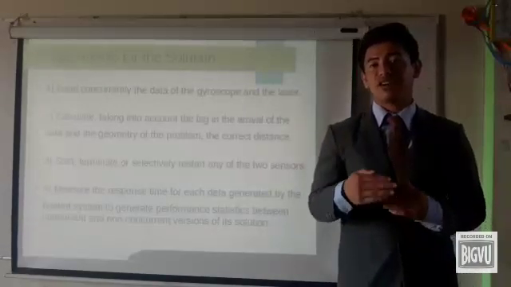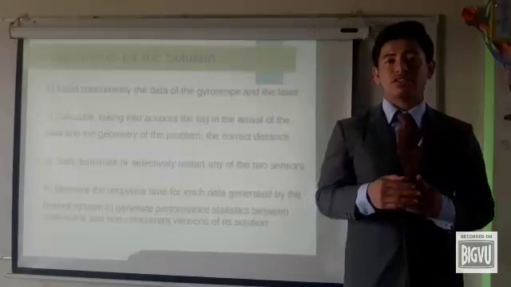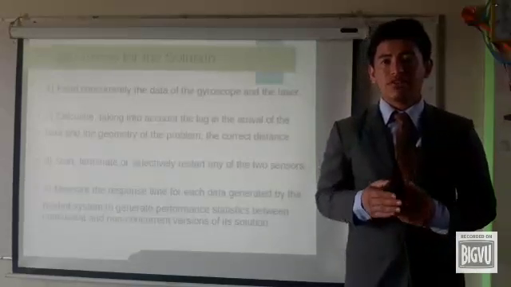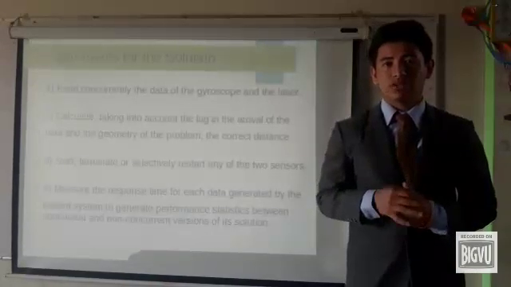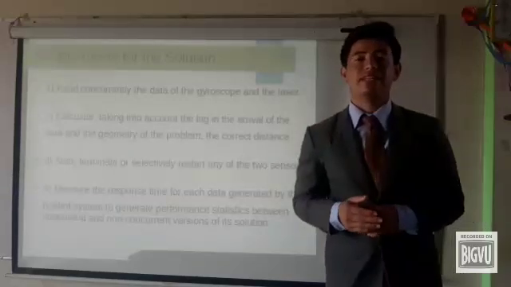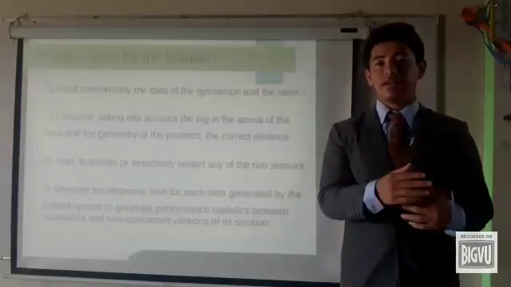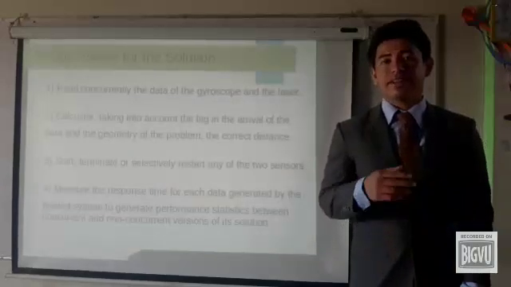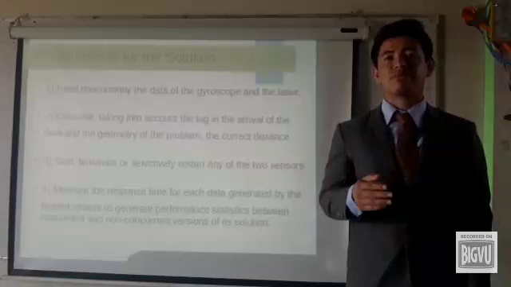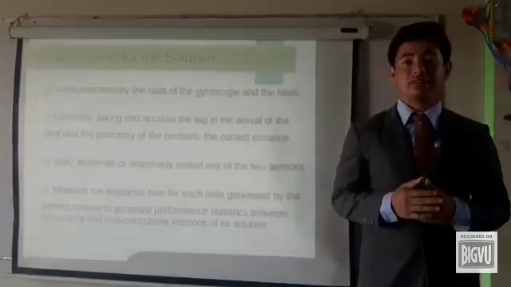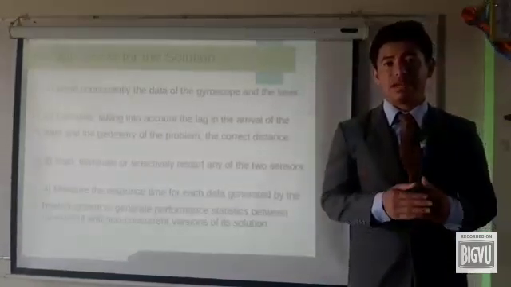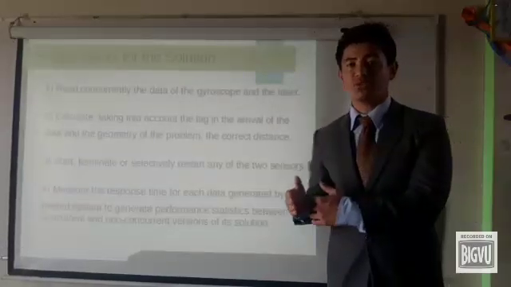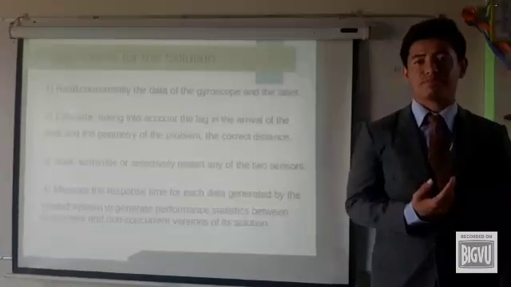Calculate the correct distance, taking into account the arrival of the data and the geometry of the problem. 3. Start, terminate, or selectively restart any of the 2 sensors. And 4. Finally, measure the response time for each data generated by the related system to be able to generate performance statistics between the concurrent and non-concurrent versions of my solution.